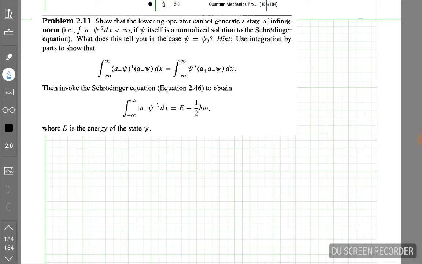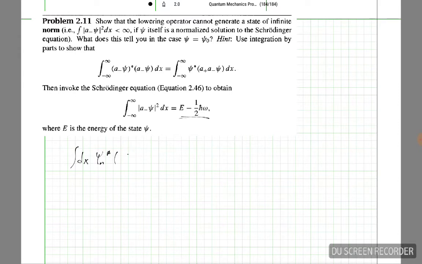So what we have here, we could put it in terms of n, but, see, that's what happens when you forget what you're doing. So we have psi n complex conjugate, and we'll just keep it with E n minus h bar omega psi n.